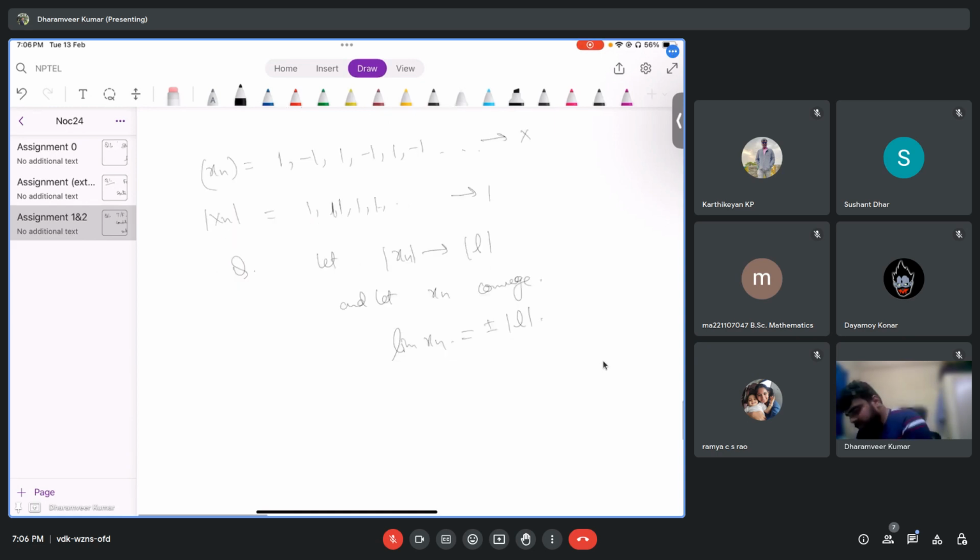Because let's say xn converges to some x. This implies that the limit of mod xn converges to mod x, and this is already given, which is mod L. That implies x is equal to plus minus mod L. Mod x is equal to L, so x could only be this, nothing else.